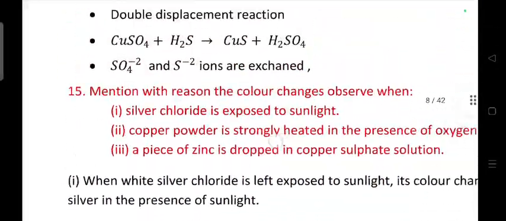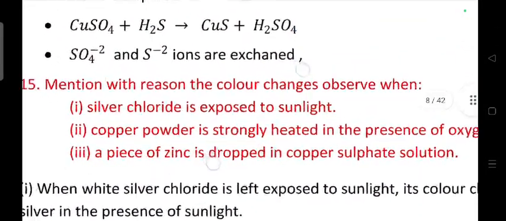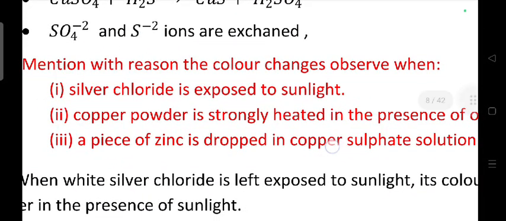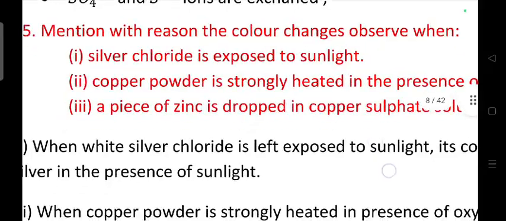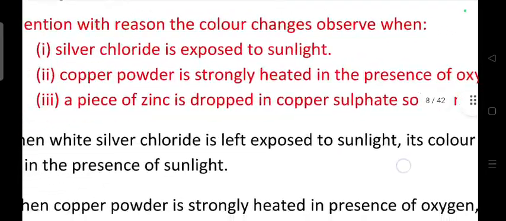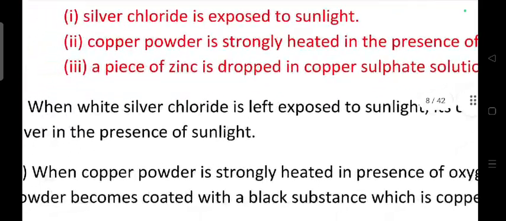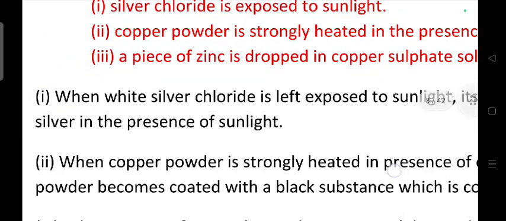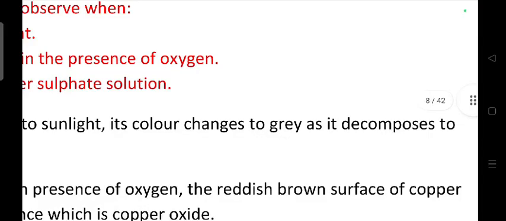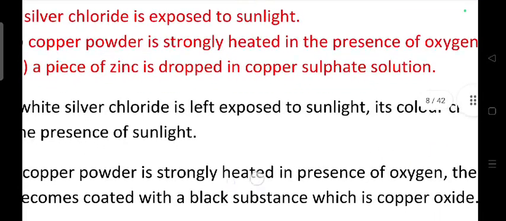So next, question 15: mention with reason the color changes observed when silver chloride is exposed to sunlight, when copper powder is strongly heated in the presence of oxygen, and when a piece of zinc is dropped in copper sulfate solution. When white silver chloride is left exposed to sunlight, its color changes to gray as it decomposes to silver.